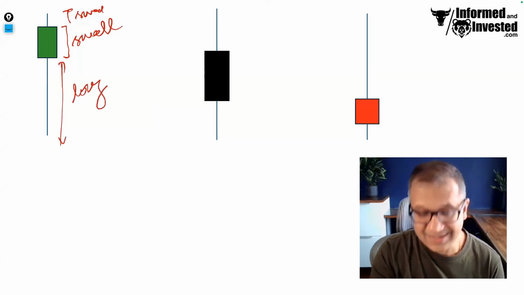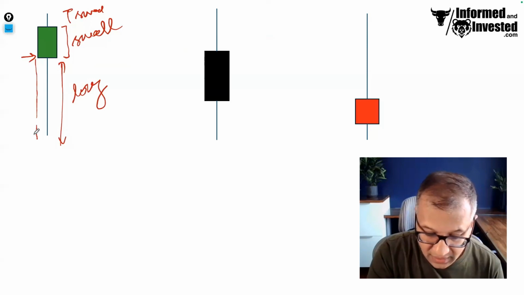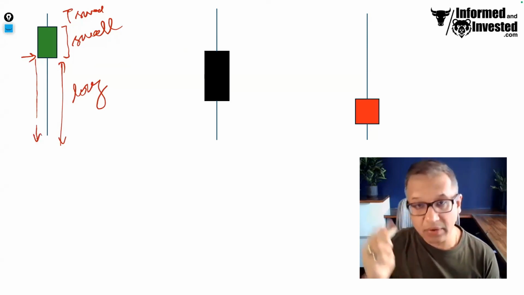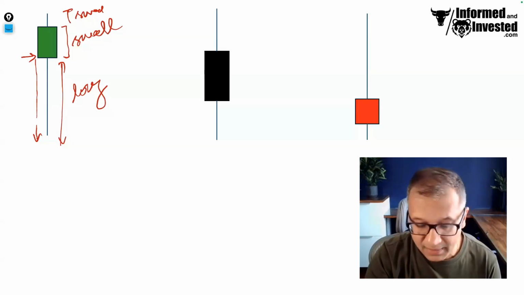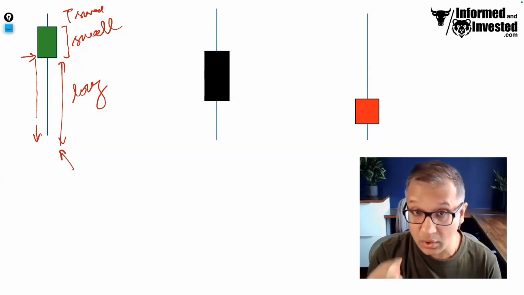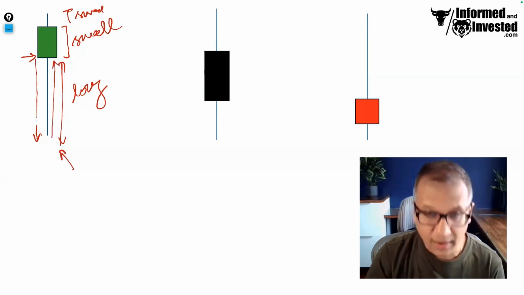Very long. What does this tell me? It tells me that the stock opened here and during the day, it went all the way down, which means there was bearish momentum during that day. But this is where bulls came in, which means people who thought that the stock was cheap came in and started buying the stock and they pushed the stock right back up.